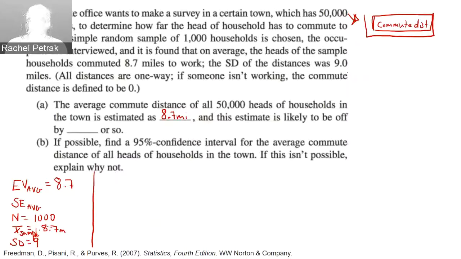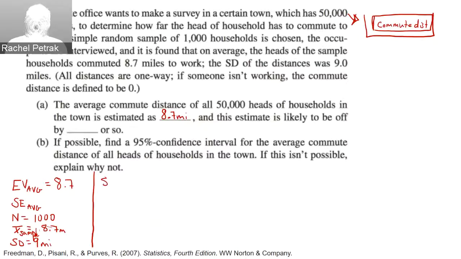And the data are just like 1,000 draws from the box. So we don't know the standard deviation of the box. We just know the standard deviation of the sample distances, but we can estimate it by the standard deviation of the data as 9 miles.